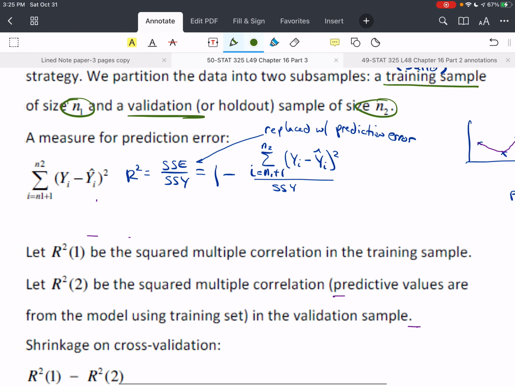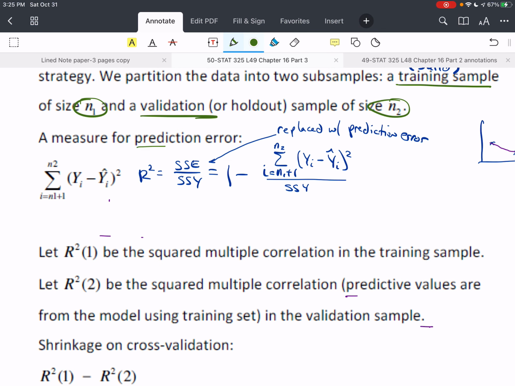We're going to tweak R squared to account for this. This quantity here is the prediction error. There's a little problem with subscripts there, but that's okay. Remember that R squared is equal to 1 minus SSE over SSY, and we're going to replace SSE with the prediction error.